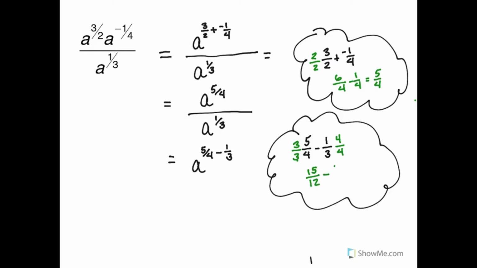Minus 1 times 4 over 3 times 4. Well, 15/12 minus 4/12 is 11/12. So this simplifies to a to the 11/12 power.